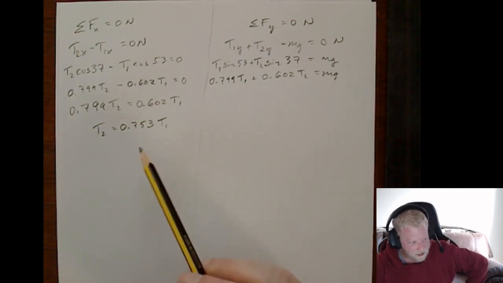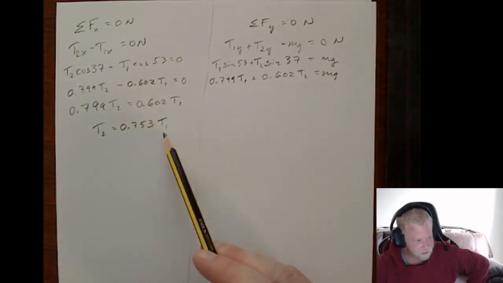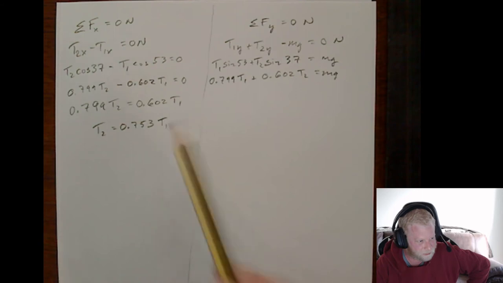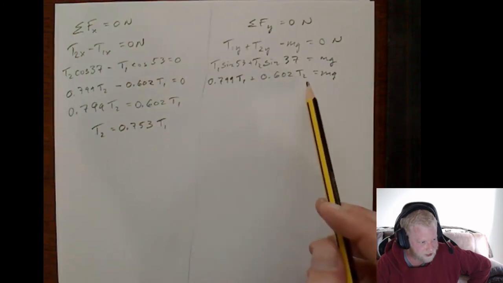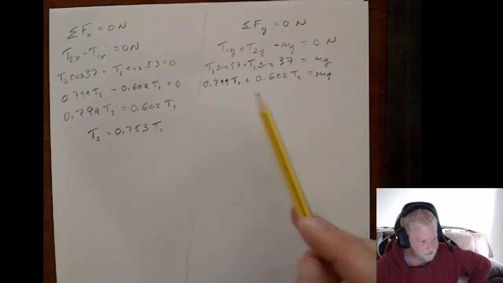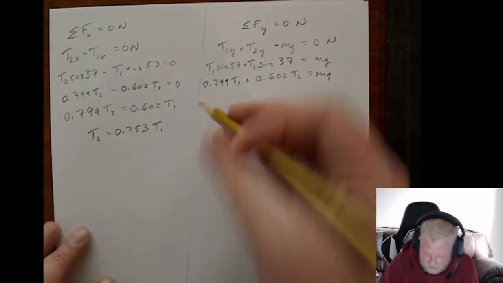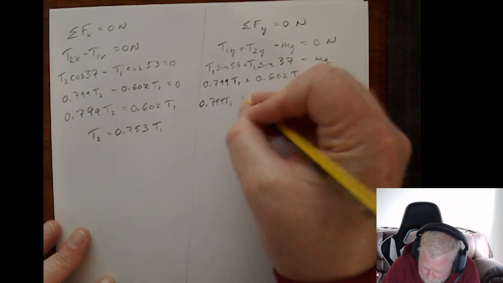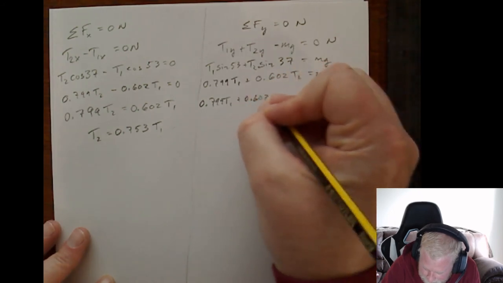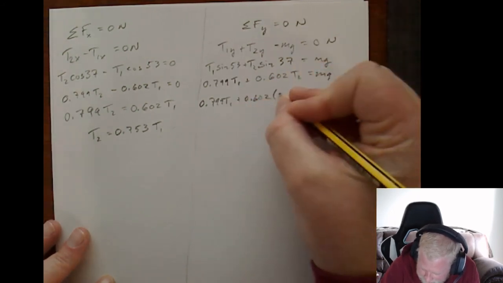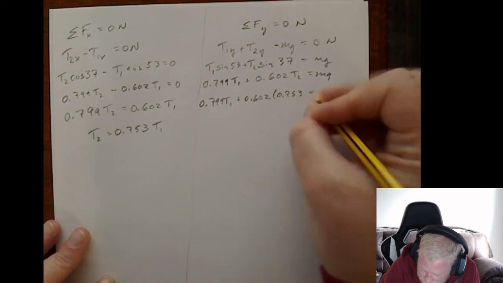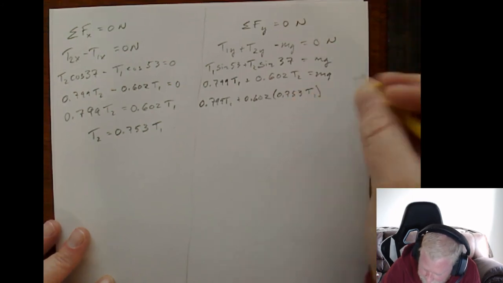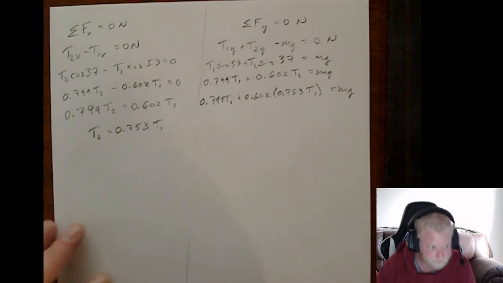Right, so now we've got T2 in terms of T1. So what we can do is wherever we see T2 on this side, we plug in 0.753 T1. So let's go ahead and do that. So you get 0.799 T1 plus 0.602 times 0.753 T1 is equal to mg.